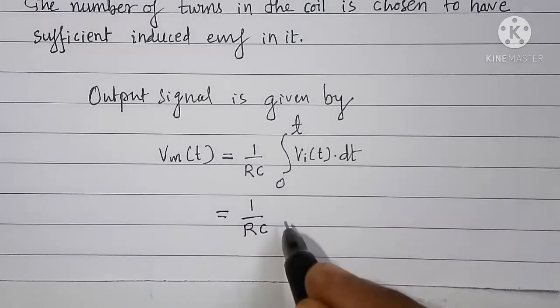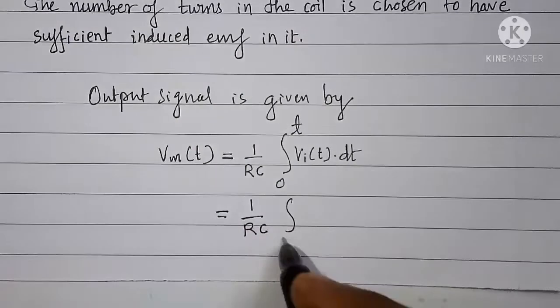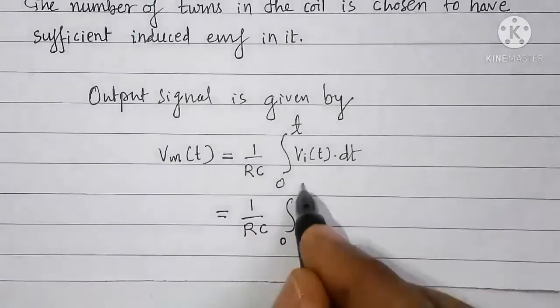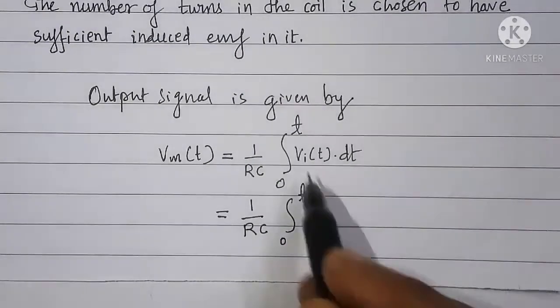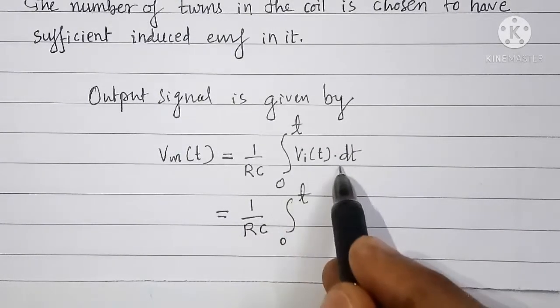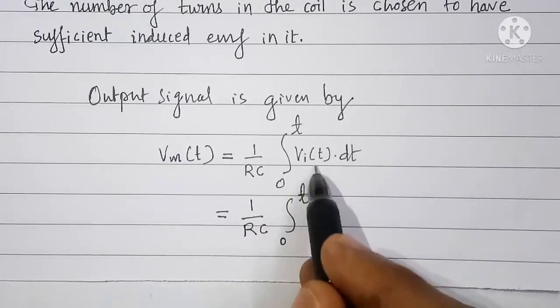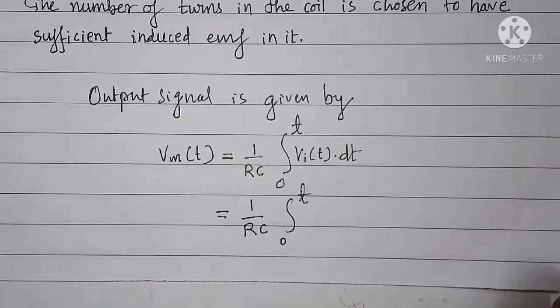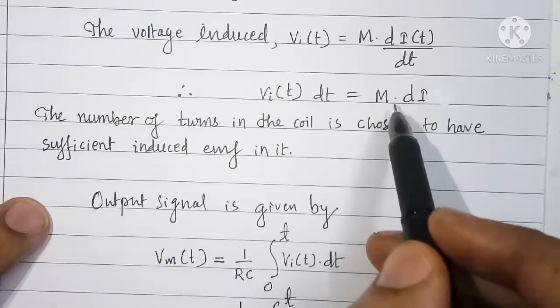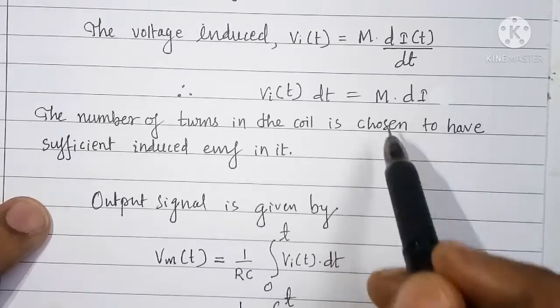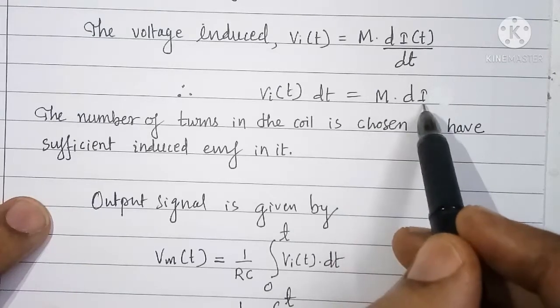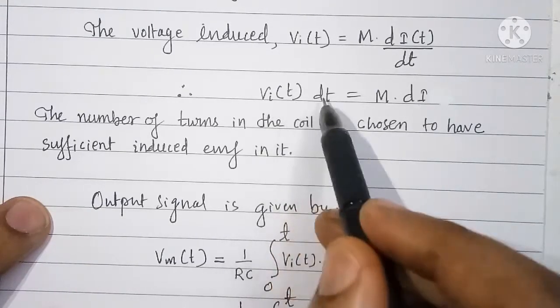One by RC into integration of Vi of t into dt, but Vi of t into dt we have written as M into di. We can substitute M into di in place of Vi of t dt.